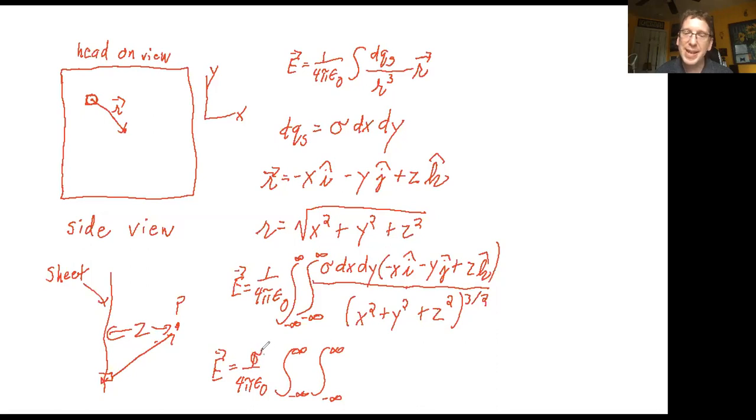In fact, we'll put the z out as well because it's a constant term. And so we have dx dy k hat over x squared plus y squared plus z squared to the 3/2 power.